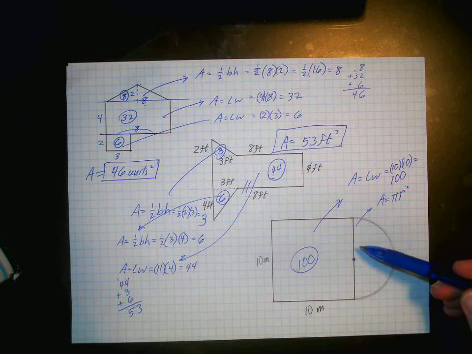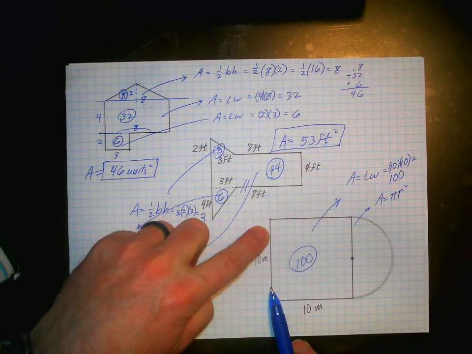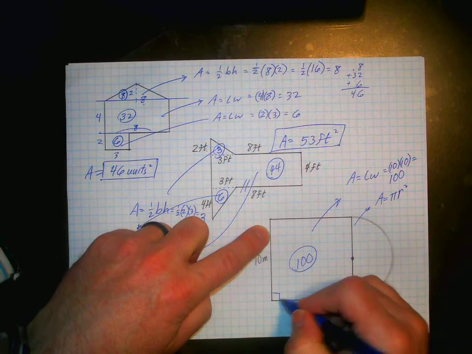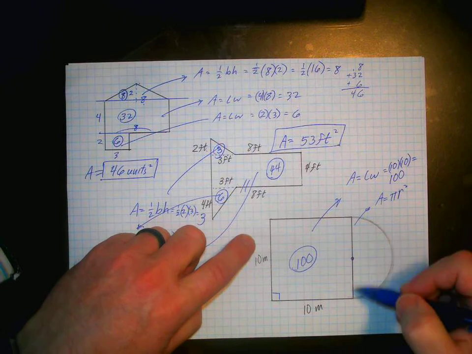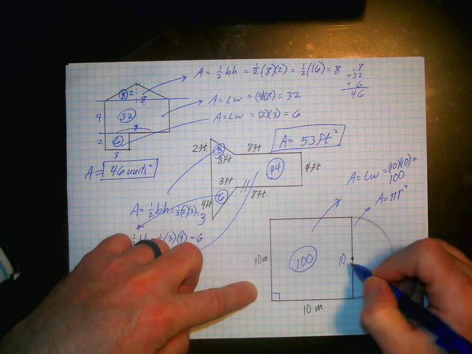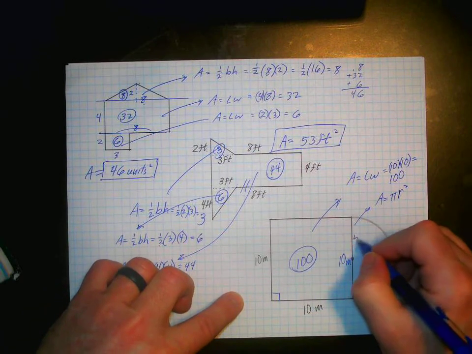There is an answer for every single one of these. This length, since it is a rectangle, is the same as the opposite length. So just to remind myself, I'm going to put a 10 over here. Now, if this length is 10, that means this length is 5.